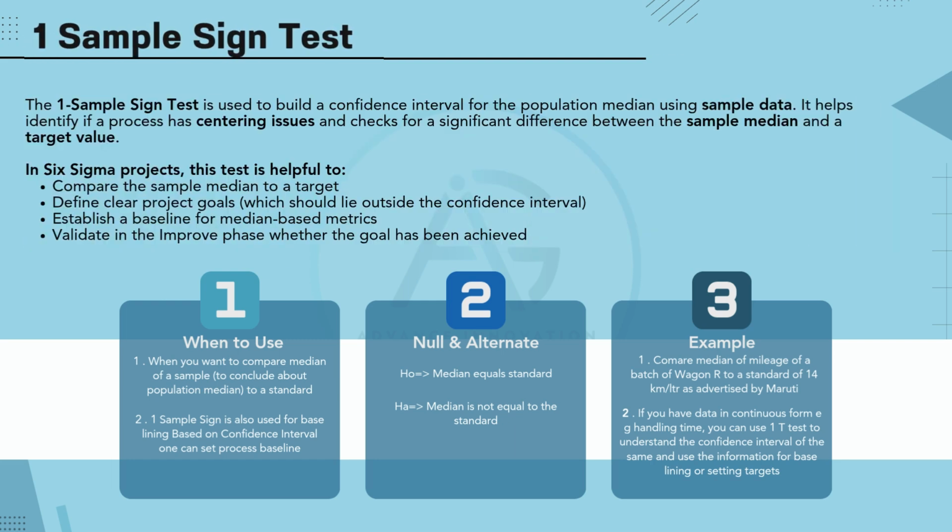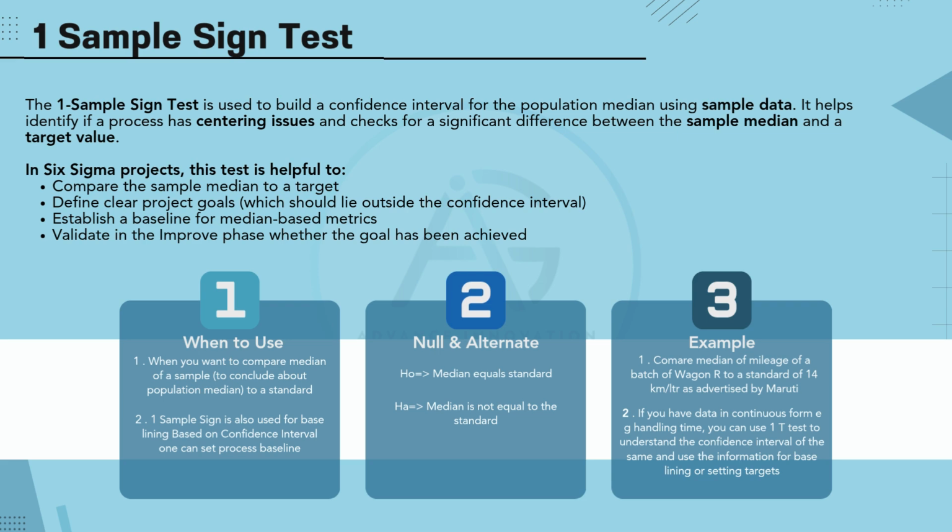Now let's understand the one-sample sign test and its role in Six Sigma projects. This is a non-parametric test used to evaluate whether the median of a sample is significantly different from a known target value or standard. It's particularly useful when the data isn't normally distributed or has outliers.